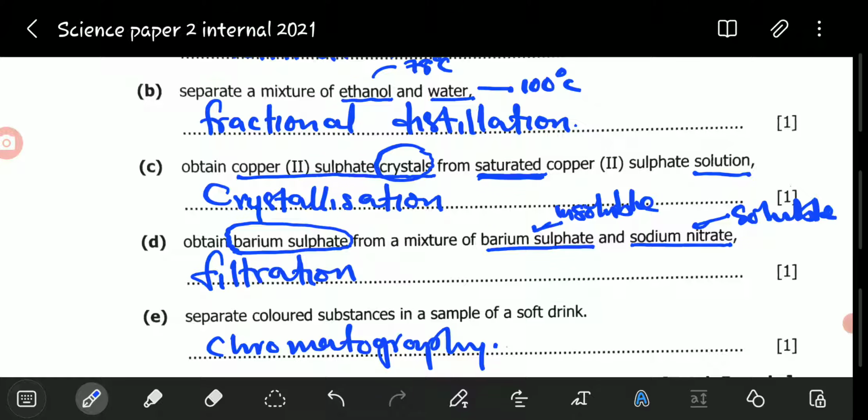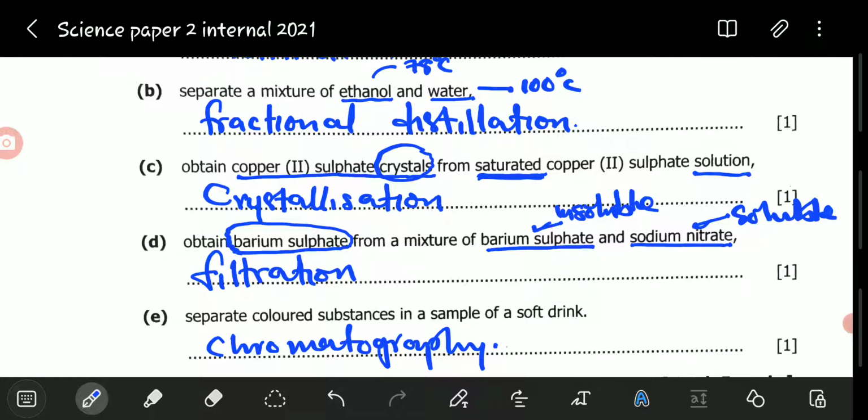We'll use chromatography. However, it is important to understand the working principle behind chromatography. And remember, this is one of the separation techniques that in most cases we tend to ignore and neglect in finding out the working principle behind it.